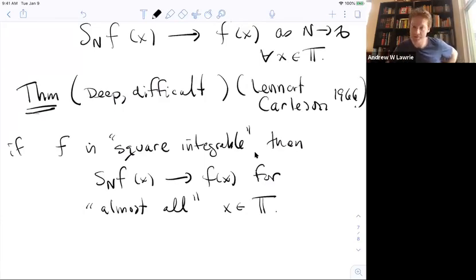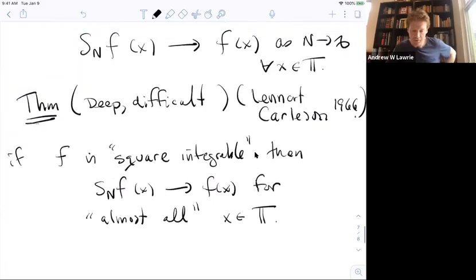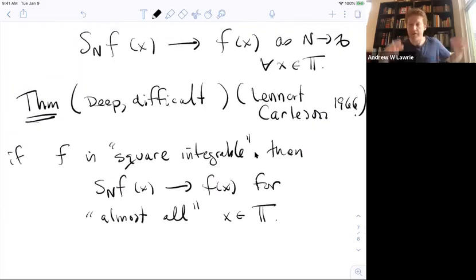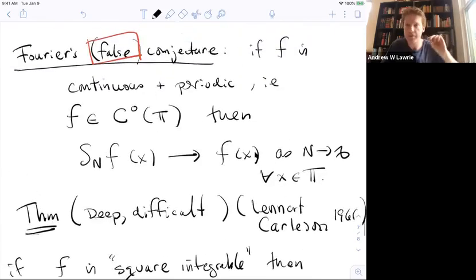Okay, so what Carleson proved was that for almost any point, if you give me a Riemann integrable function on the torus, and you give me a random point on the torus, if you close your eyes and pick a random point from the torus, then the sequence of partial sums does converge at that point.